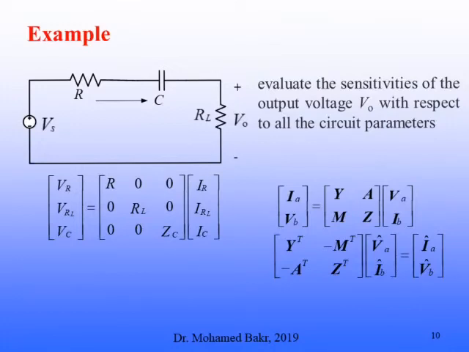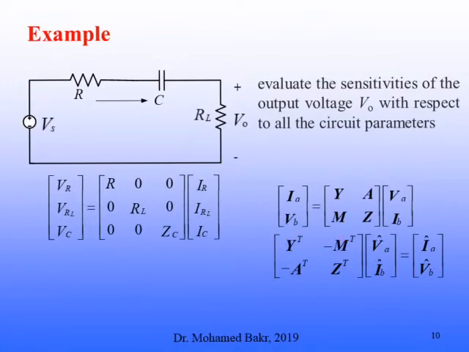Because this matrix is diagonal, it is symmetric, so its transpose is equal to itself. All the other matrices are zeros.